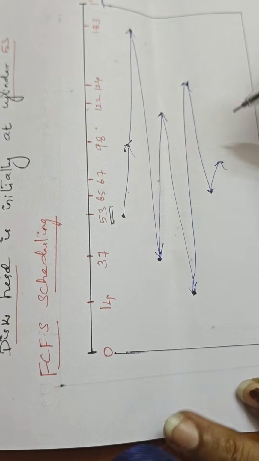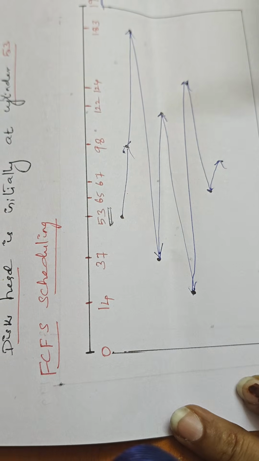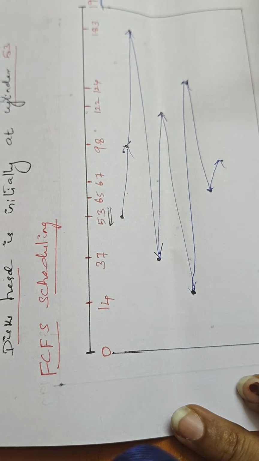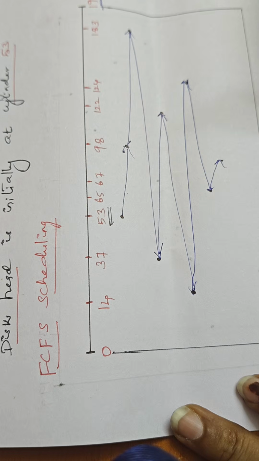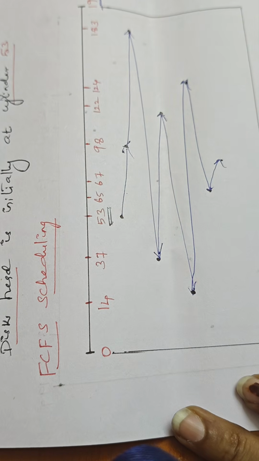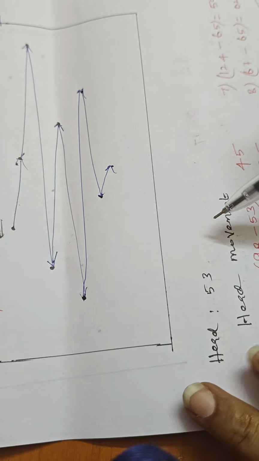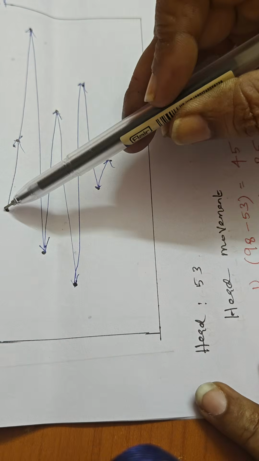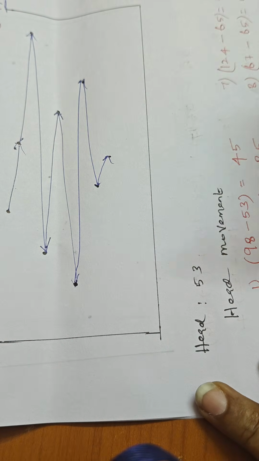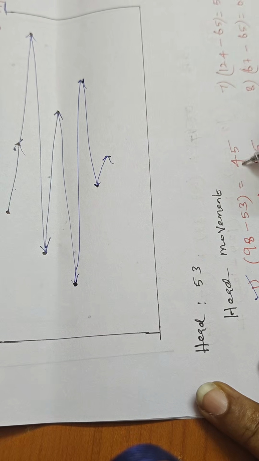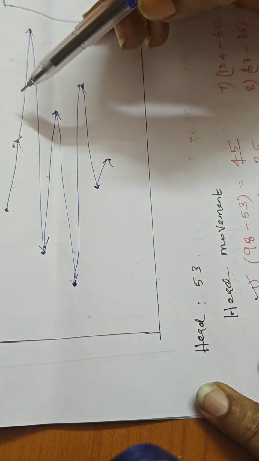Here we have to calculate the movement of the head from one position to the other, that is, from one request to the other request. It starts at 53, so the head movement from 53 to 98 is 98 minus 53, which gives 45.